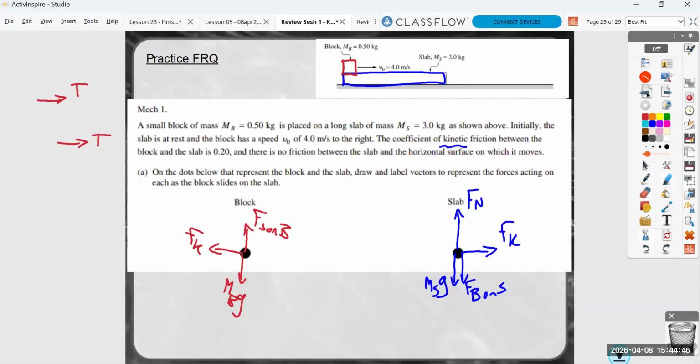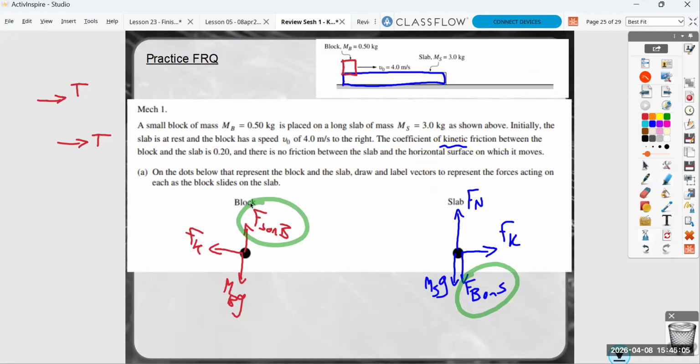I personally think it is a better idea, and this is a stylistic thing rather than right or wrong, I like labeling it as the force of B on S because that lets me see a Newton's third law pair. I've got S on B, B on S. Those are going to be exactly equal and opposite.